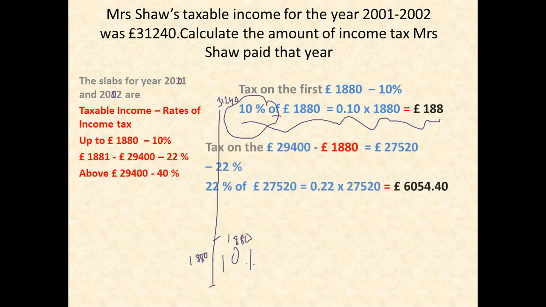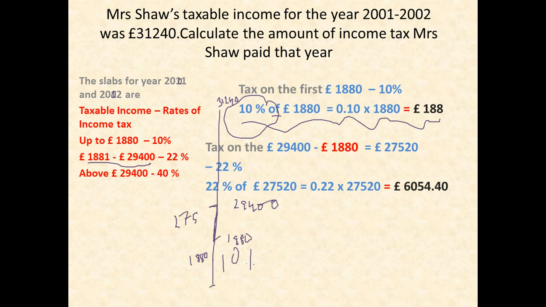Tax on the next slab: from 1880 to 29,400, which means this difference is 27,520.